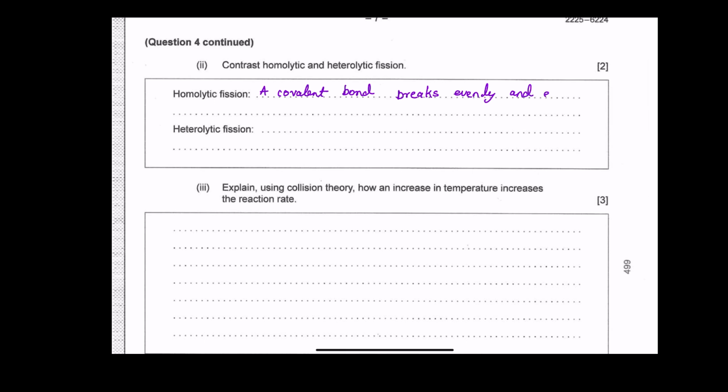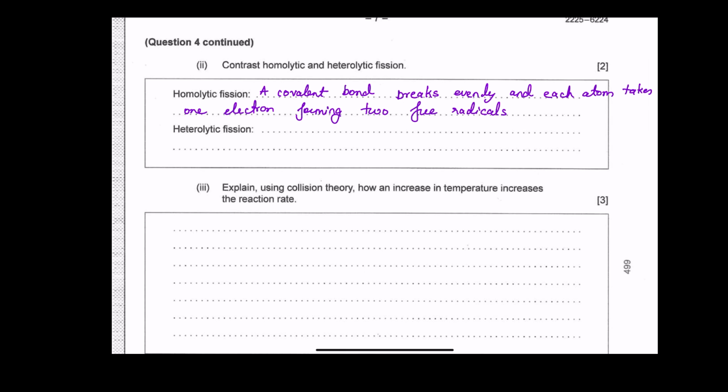And each atom takes one electron, forming two free radicals.